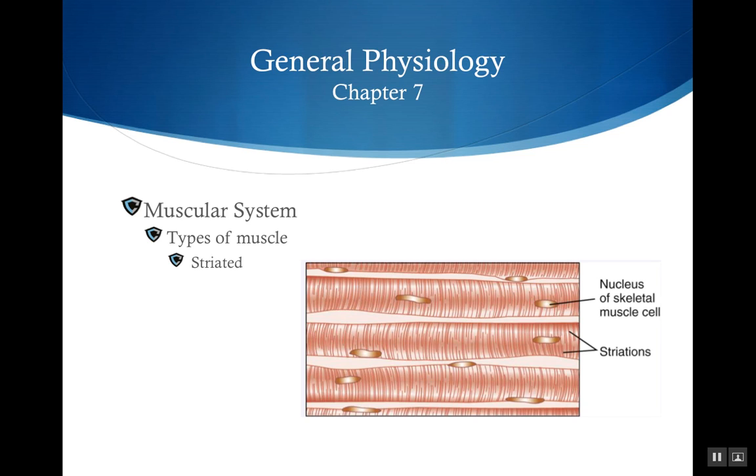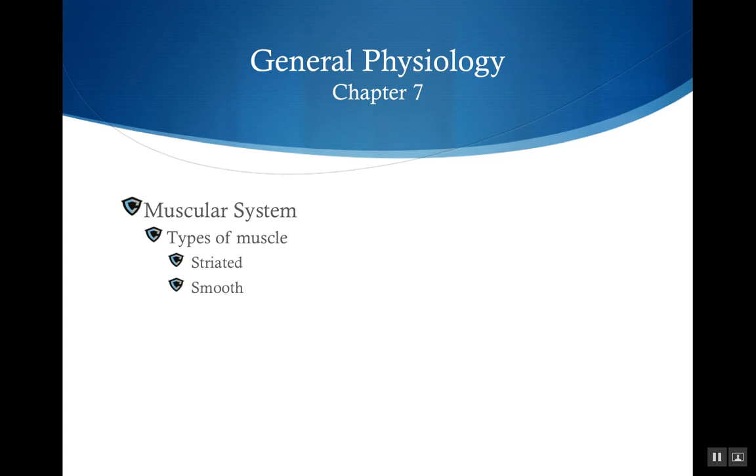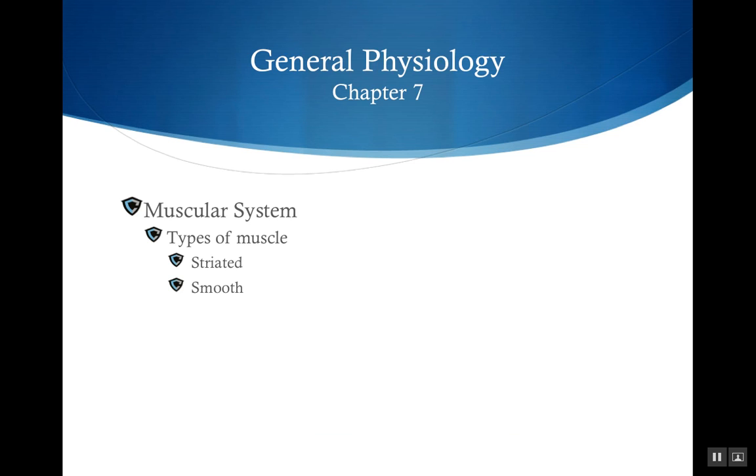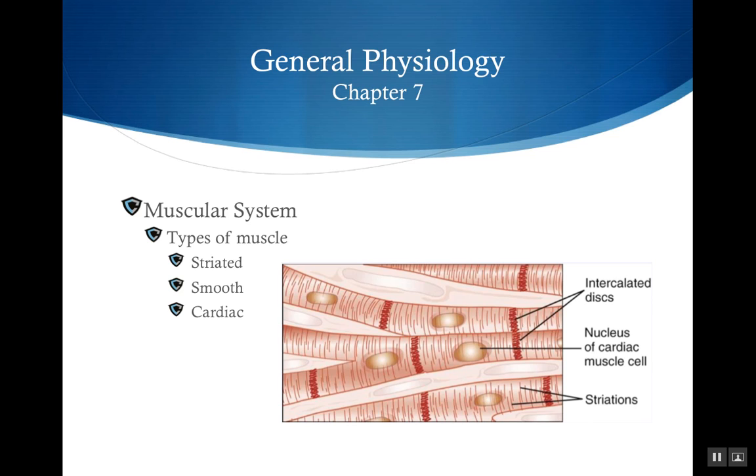The first is striated muscle, also called skeletal muscle. It's responsible for voluntary movement of the arms and legs, for example. Smooth muscle, as we discussed before, does not have those striations visible under a microscope, so that's why we call it smooth muscle. It's responsible for involuntary movements, such as digestion, and is found in some internal organs. And cardiac muscle is the muscle that makes up the wall of the heart and helps pump blood out of the heart.